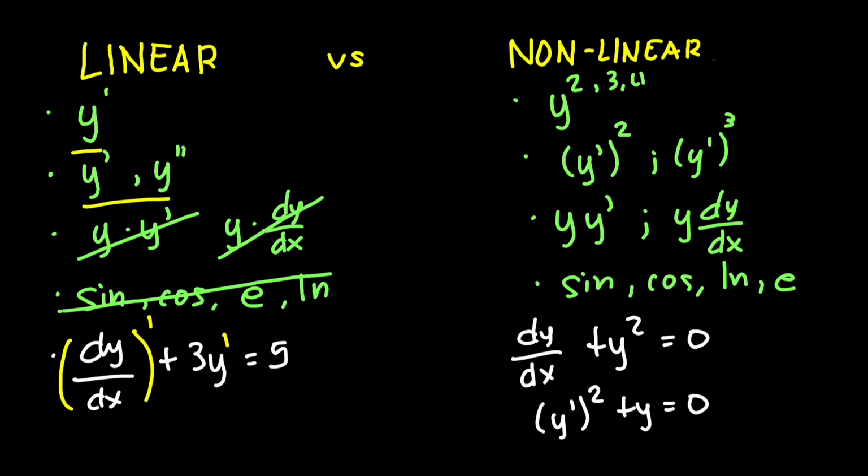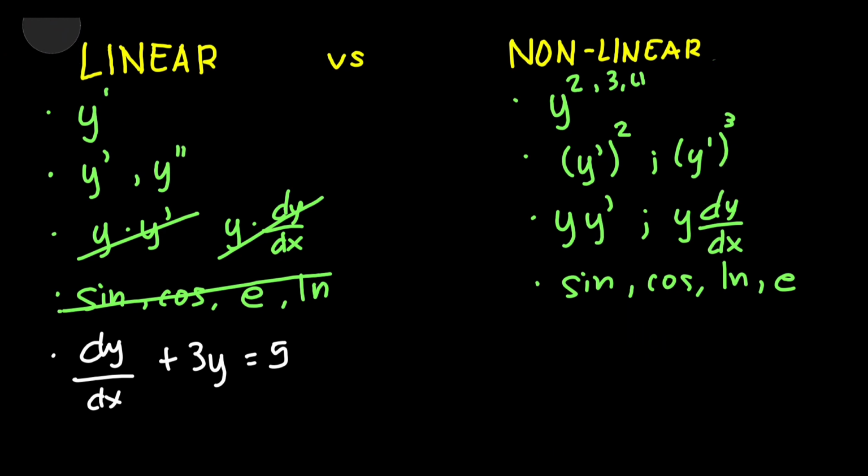So it is a linear differential equation. For this first example, you can see here that the dependent variable y is raised to the power of 2, so that is automatically nonlinear. And for this, its derivative y prime is also raised to the power of 2, which is greater than 1, so it is also automatically nonlinear.